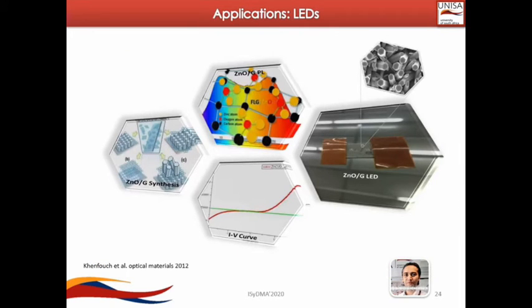In this slide, I'm showing a project that we conducted in collaboration with the University of Linköping in Sweden, where we fabricated a LED based on graphene and zinc oxide.